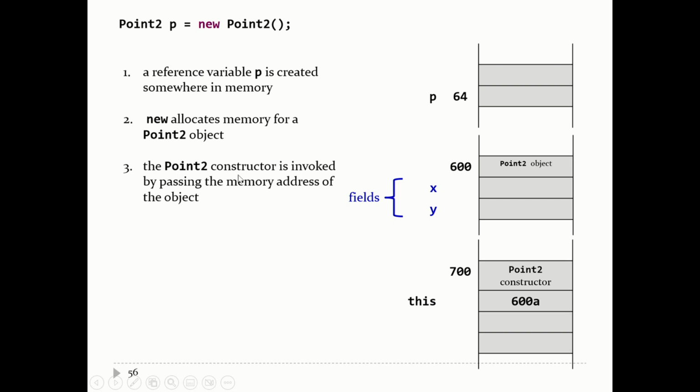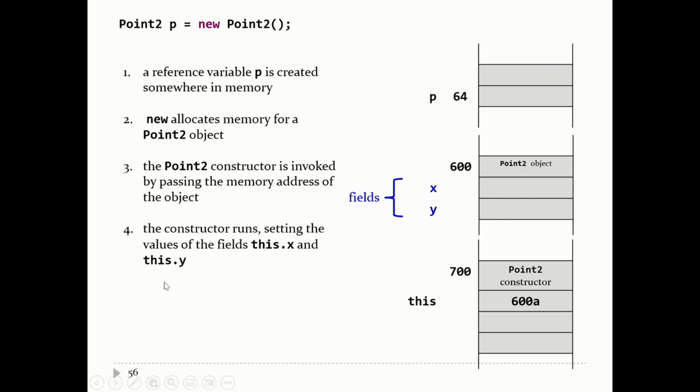When that constructor runs, it gets the address of the newly created object. So it gets the address 600 passed to it as the variable called this. That's how all of this works. So new makes the object and sends the address to the constructor, so that the constructor knows it has to fill in that x and that y.